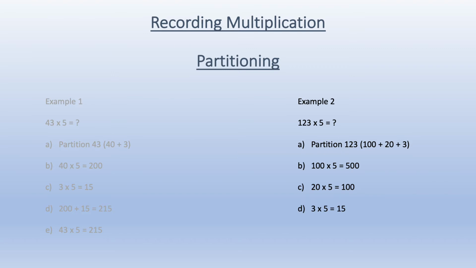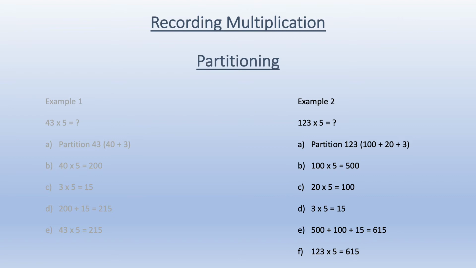Then we multiply each of those by 5, so 100 times 5 equals 500, 20 times 5 equals 100, and 3 times 5 equals 15. Then we add those all up. 500 plus 100 plus 15 equals 615.